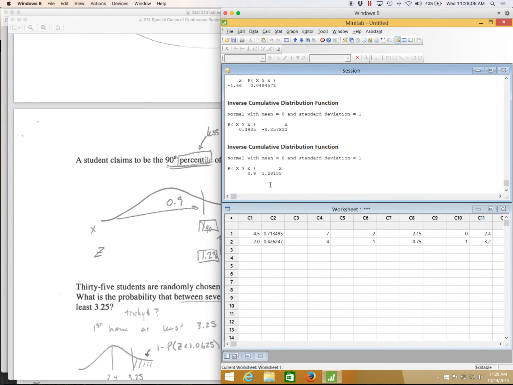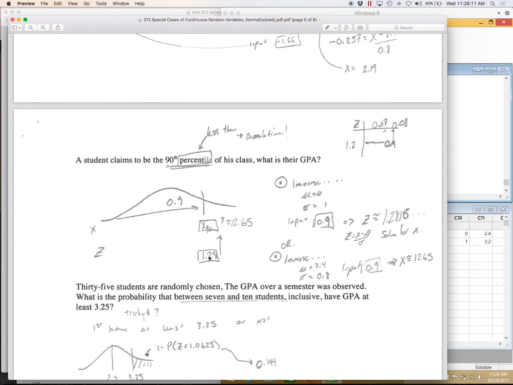In terms of Z's, that value is 1.28. Then I can use the Z formula to solve for what X is. So here Z is 1.28, mu is 2.4, standard deviation is 0.8, and I can solve for X.